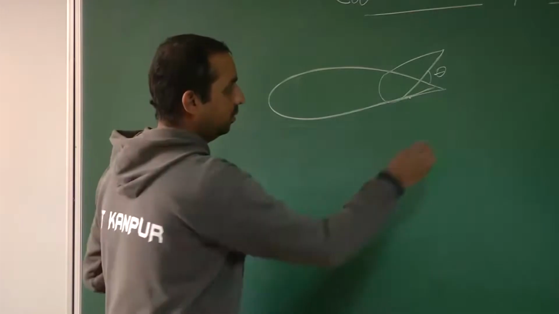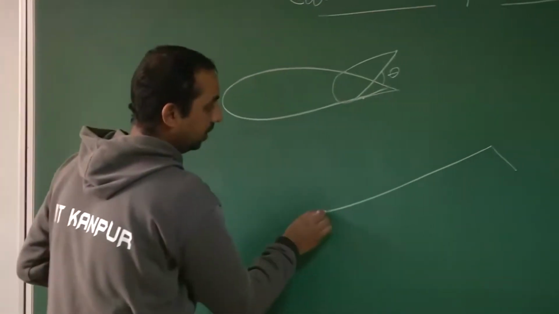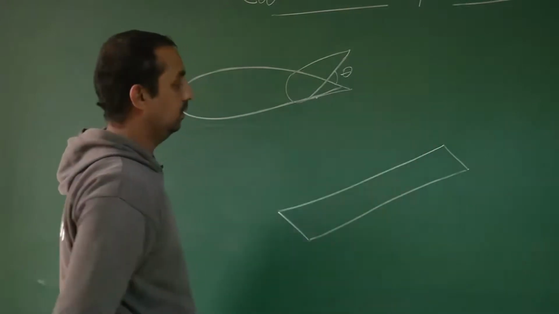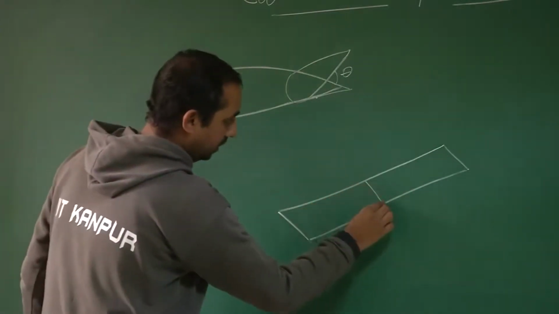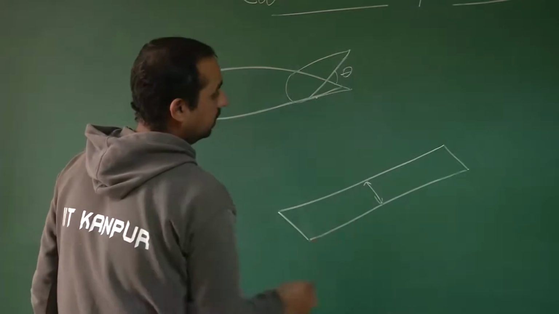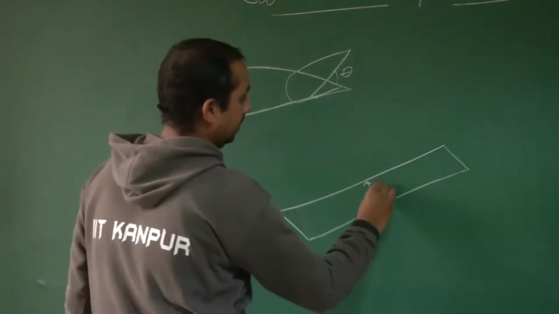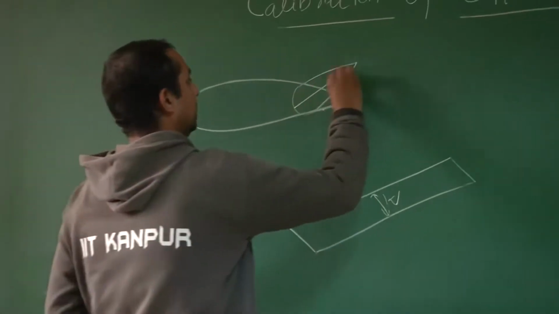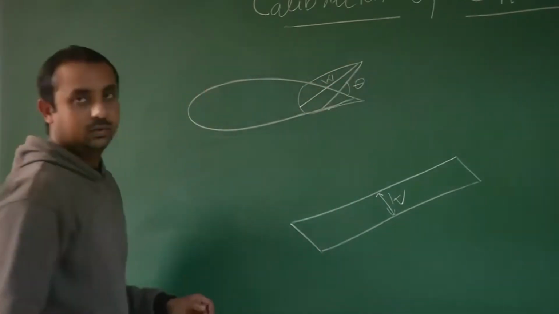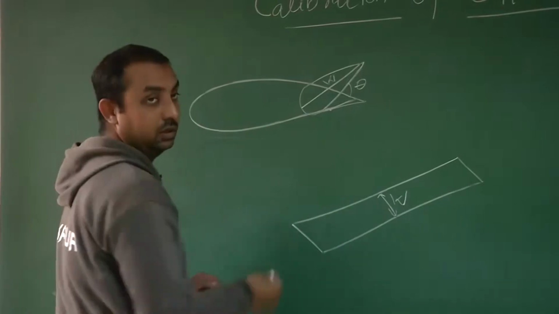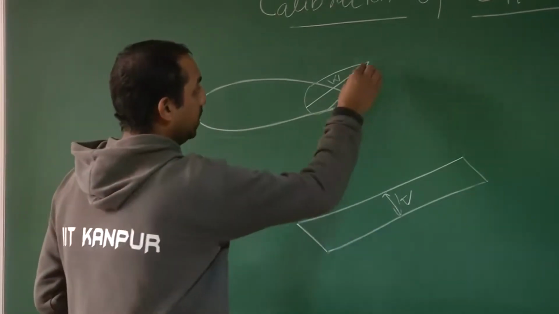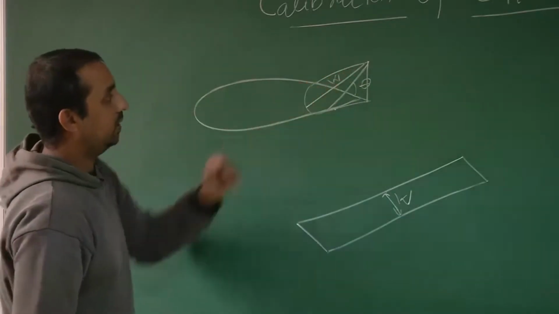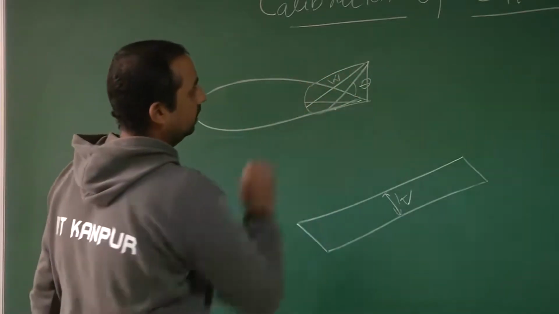Since we are assuming this is a uniform control surface, meaning the thickness doesn't vary, we measure the width of this control surface. Say W is the width of this control surface. You can also measure the distance of this deflection from your equilibrium point.